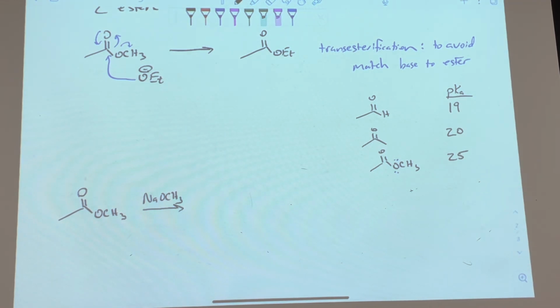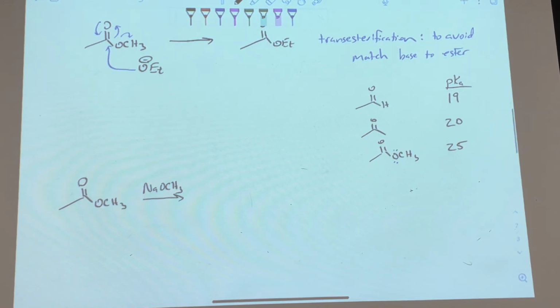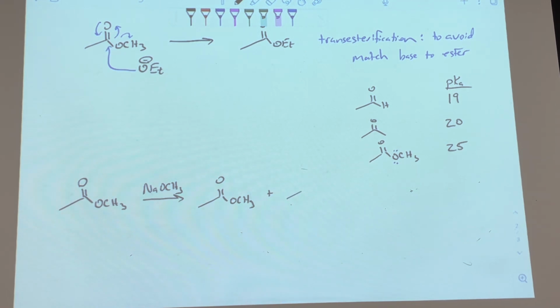So once you add that, you're going to end up with the same situation that you have with the aldol, meaning some of the molecules don't do anything, they're just hanging out. But then you're going to have some that can enolize.